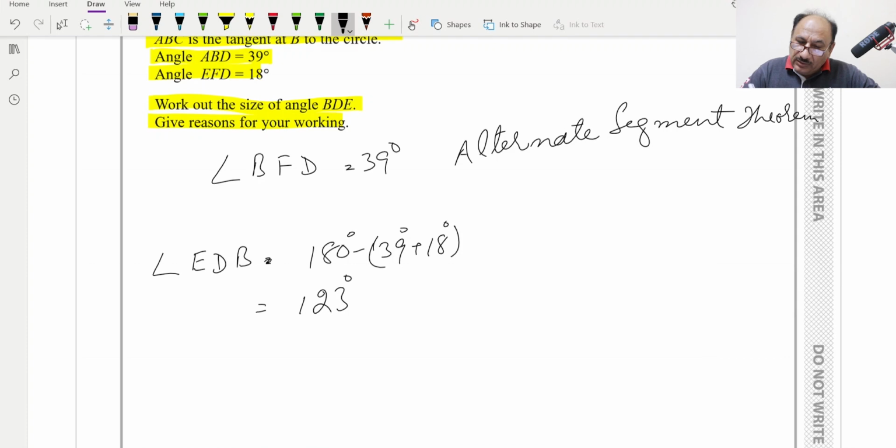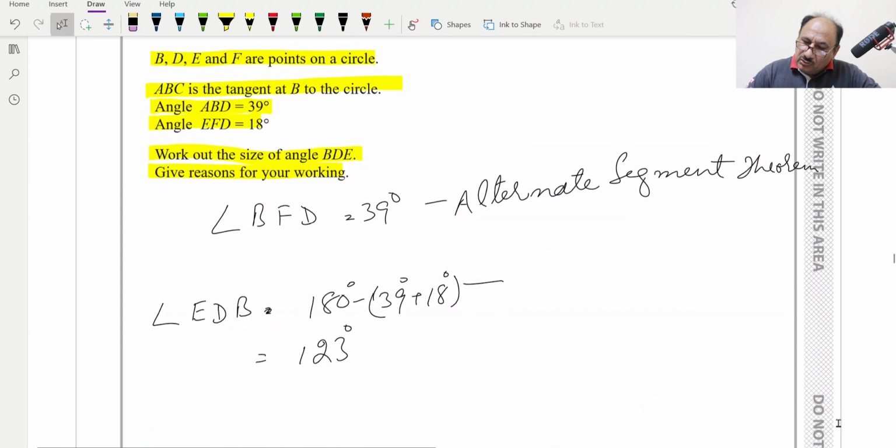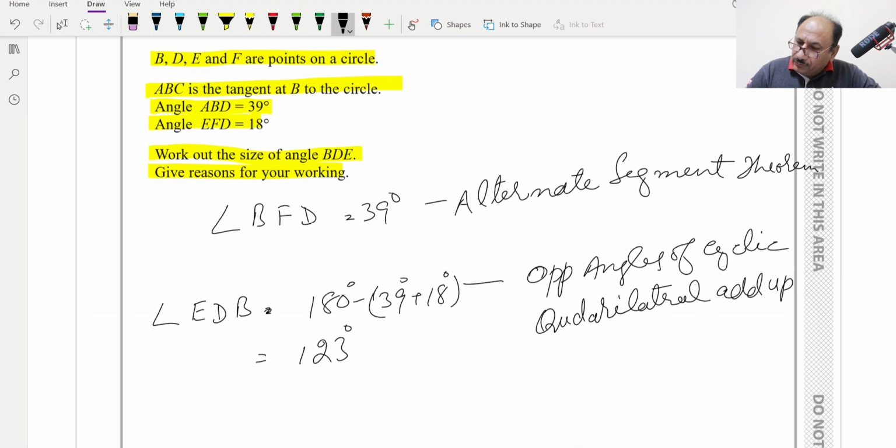123 degrees, and the reason for this statement is opposite angles of a cyclic quadrilateral add up to 180 degrees.